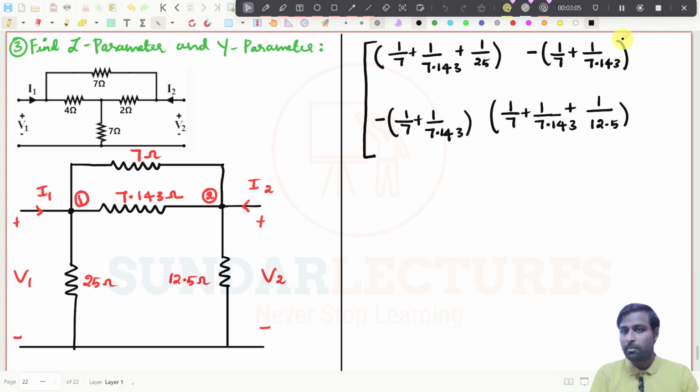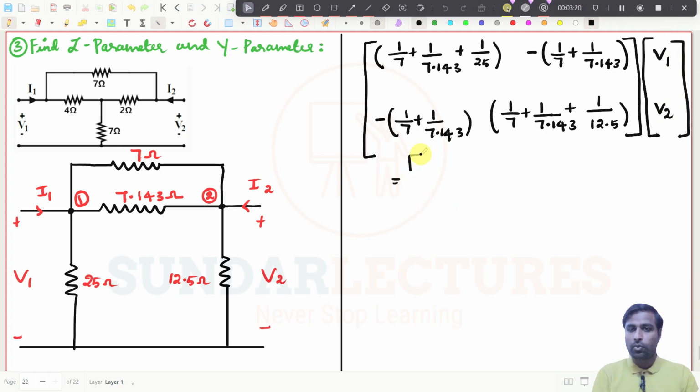Right. This is the matrix, and it will be multiplied by V1 and V2, the unknowns, and this will be equal to I1 and I2, right? If you simplify this, you can easily get the values of I1 and I2.